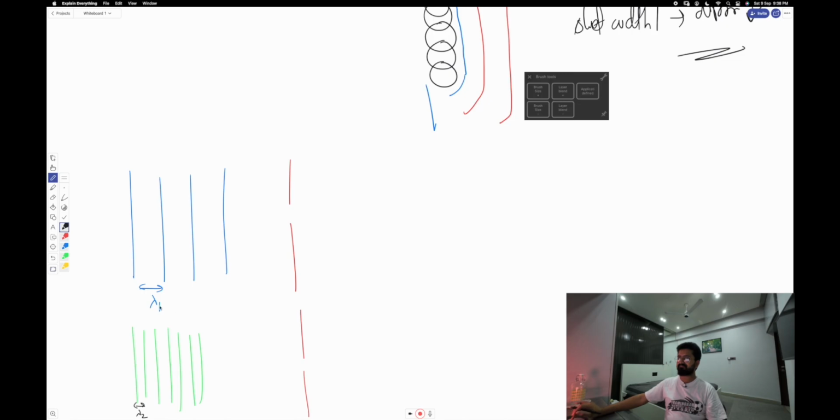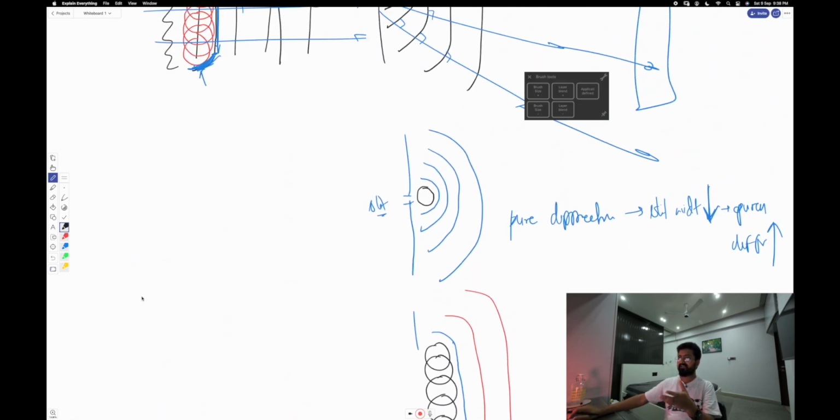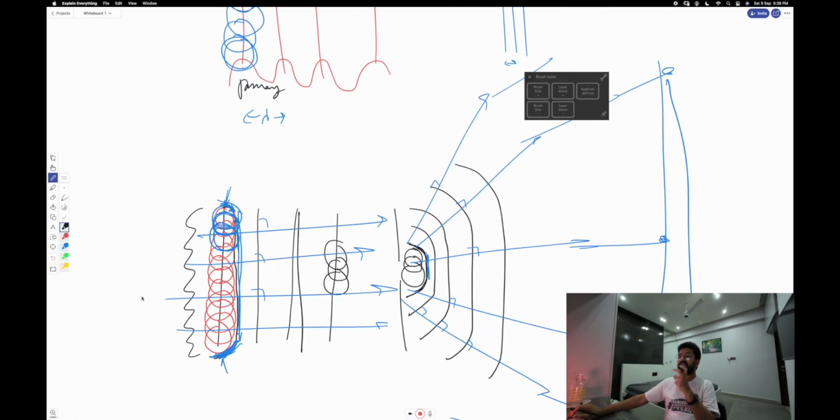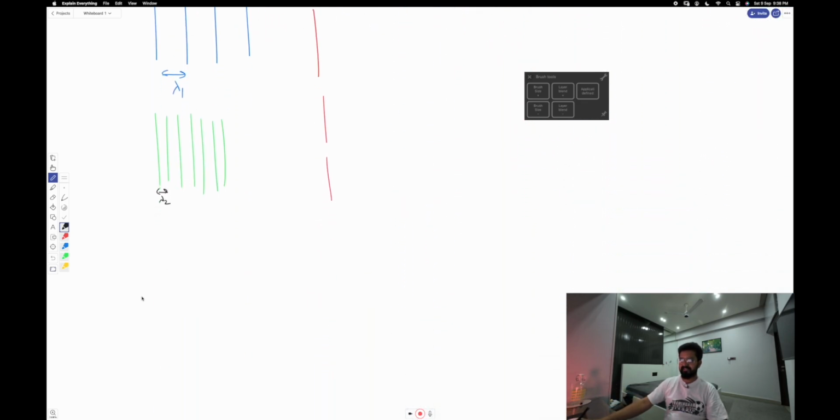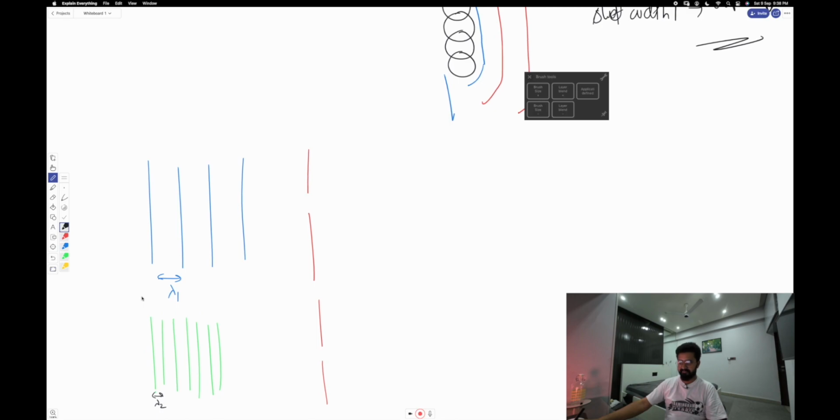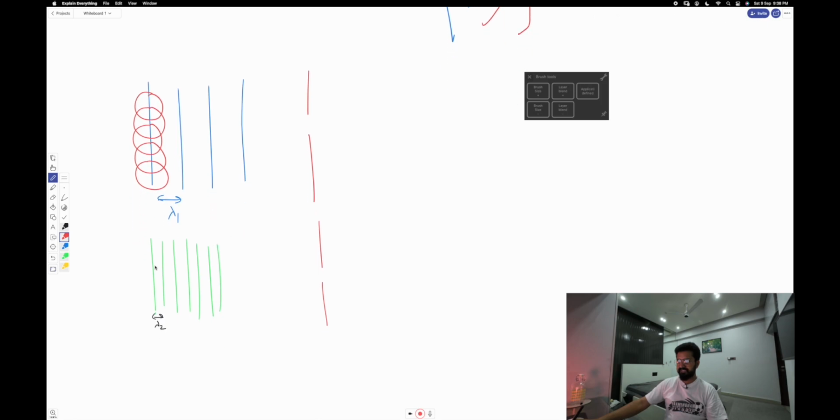And I have already discussed at the top that the Huygens and Fresnel principle also states that the larger the wavelength, the larger the secondary wave fronts; the smaller the wavelength, the smaller the secondary wave fronts. So that is what this explains, which gives a greater diffraction. So larger wavelength will have larger secondary wave fronts like this, whereas smaller wavelengths will have smaller secondary wave fronts like this, right?